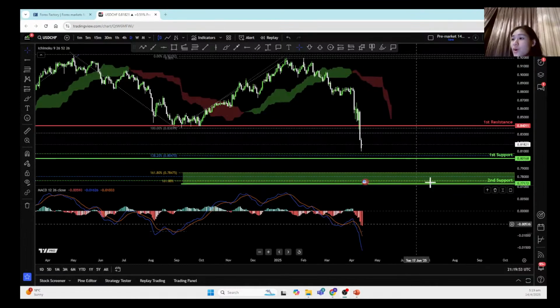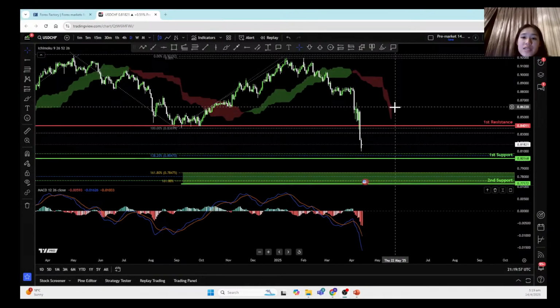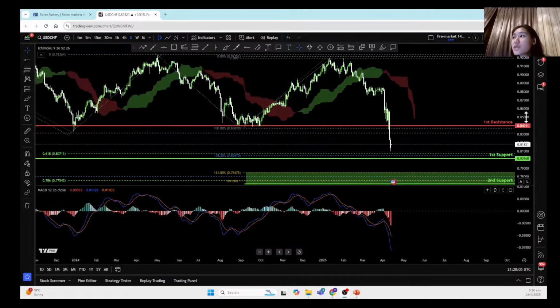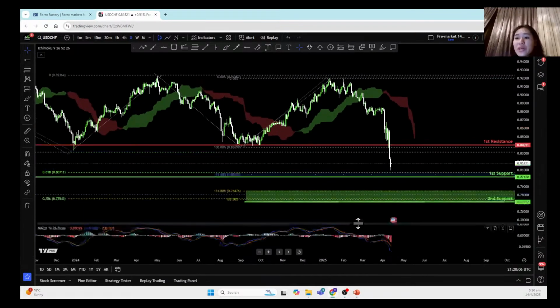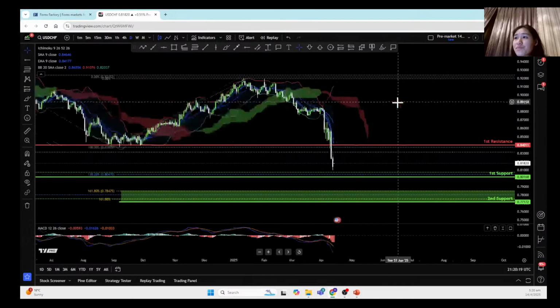Okay, so with Ichimoku, prices are moving below the cloud, so that's giving us a bearish signal. With MACD, you can see that it's also giving us a bearish signal here. So that's fine. That all supports our analysis. Let's also look at our EMA, SMA, and Bollinger Bands.